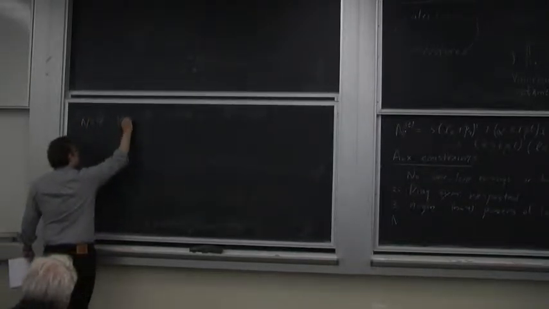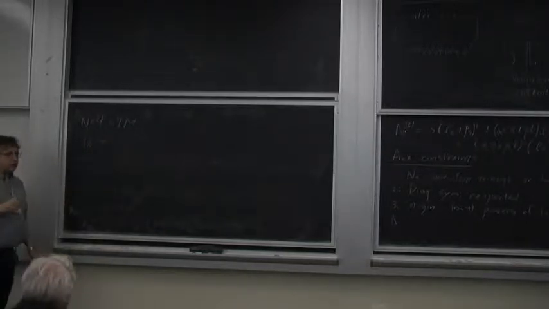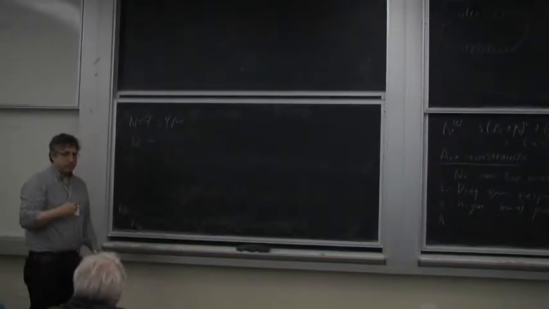So n equals 4 super Yang-Mills has a formula for the critical dimension. By the critical dimension, I mean the dimension where the theory first diverges. So it's the lowest dimension where you get a divergence.